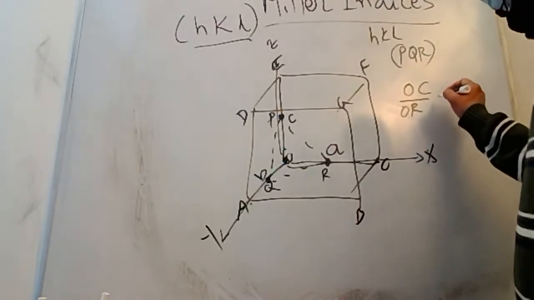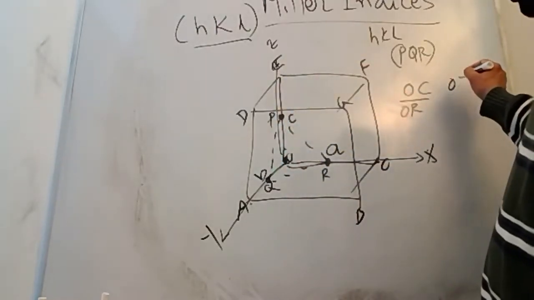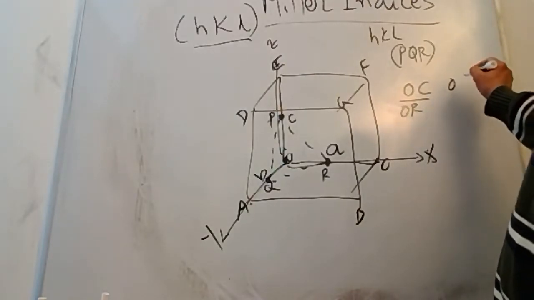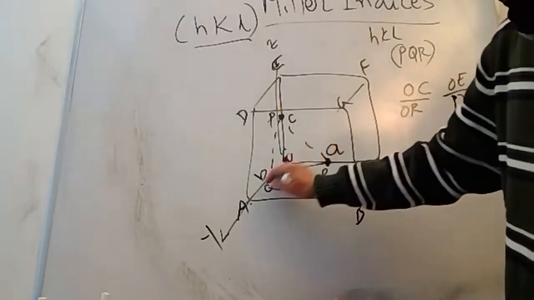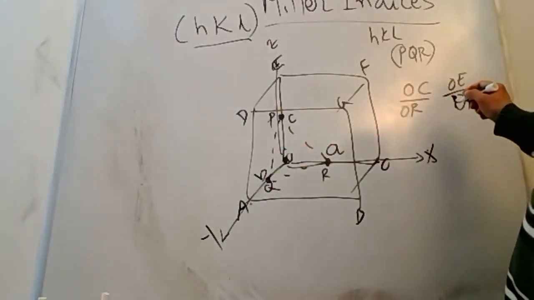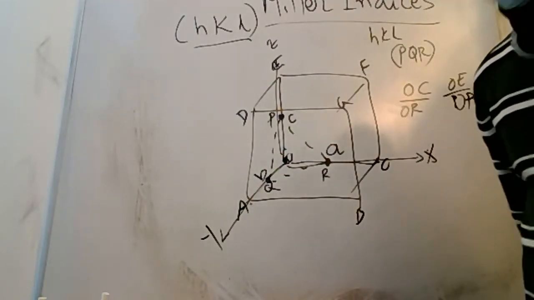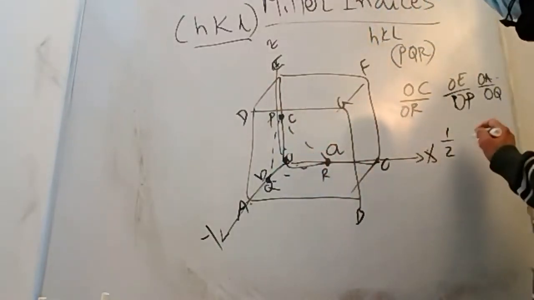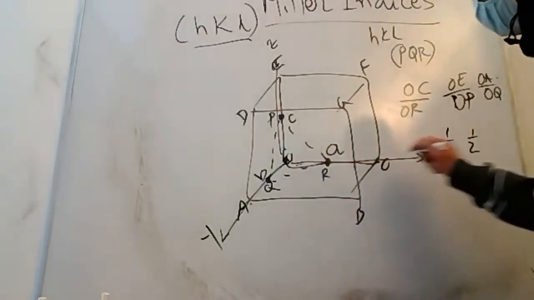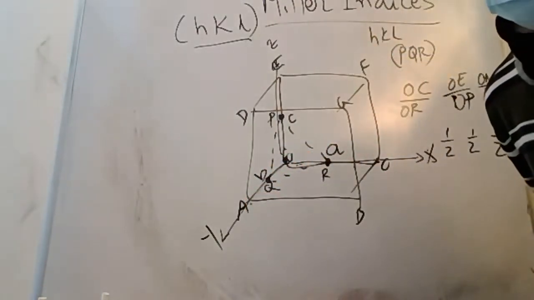And the other one is OE, OP. And then we have OA, OQ. If you now look at the fractional intercept, this is intercepting at 1/2. This is also intercepting at 1/2 of the distance, and that is also intercepting at 1/2 along the y-axis.